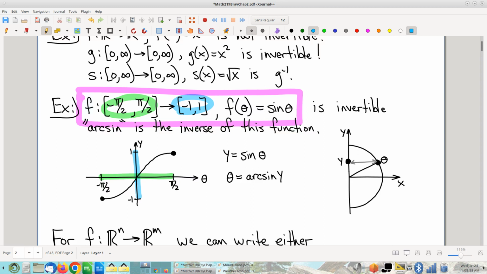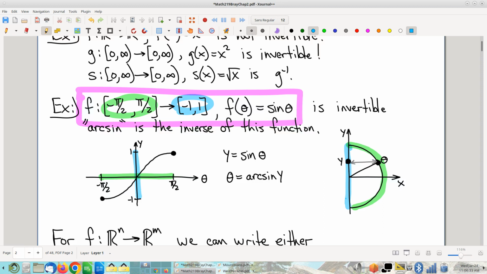And by the way, if you find it convenient, I certainly do, I find it easier to understand this by thinking of the angles on the unit circle and thinking of the y values as literally being the y coordinates, because after all, this is how we define the sine function in the first place. Drawing the graph has its moments, but in this context, since I'm not talking about slopes and stuff, if I just want to understand the inverse function, this is really a better way to think about how we relate angles to y values, aka the value of the sine function.